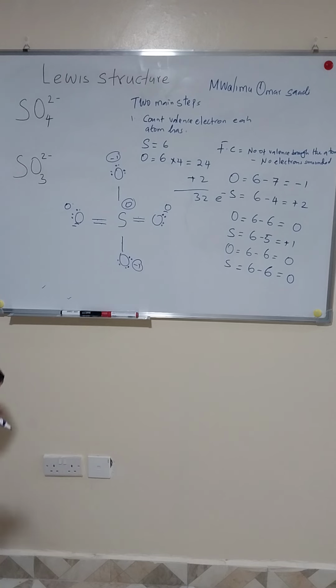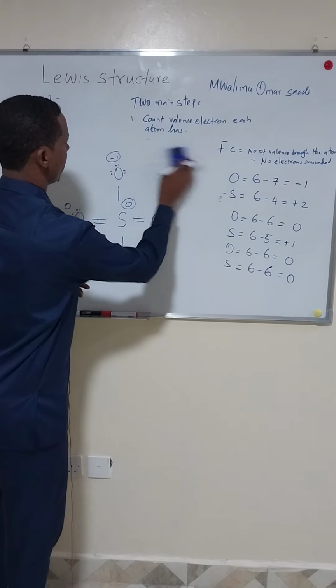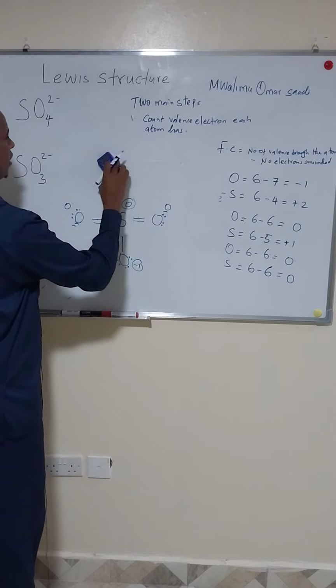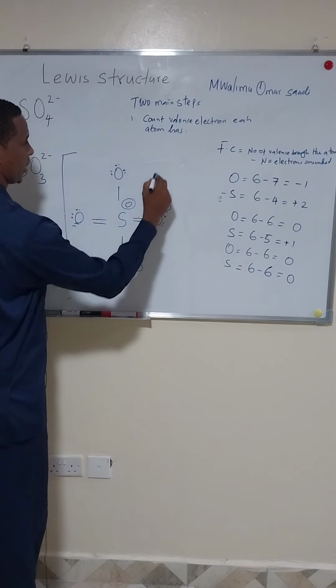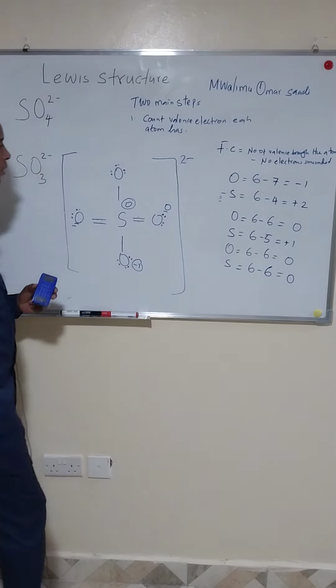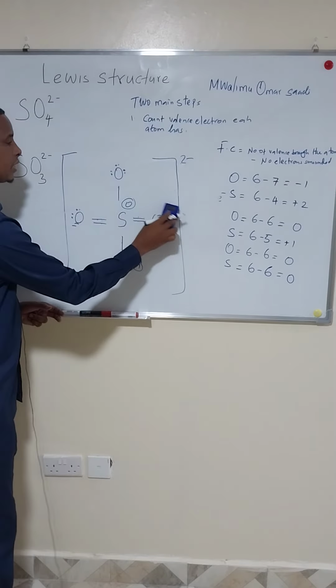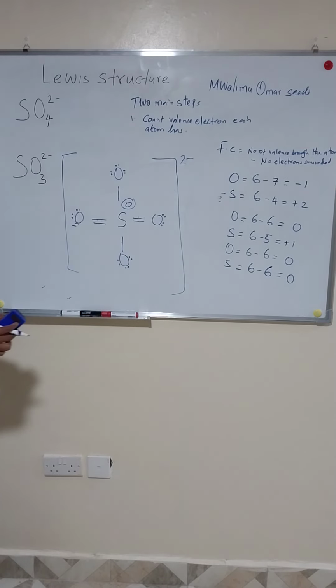So that is now the Lewis structure for sulfate ion. This negative 2, you now place right there.